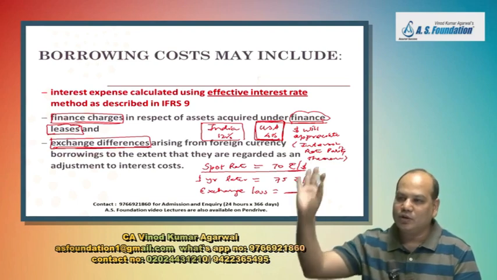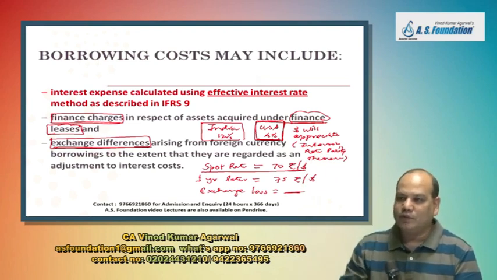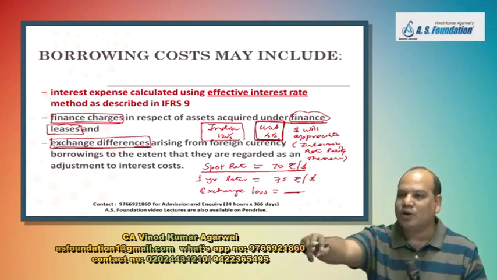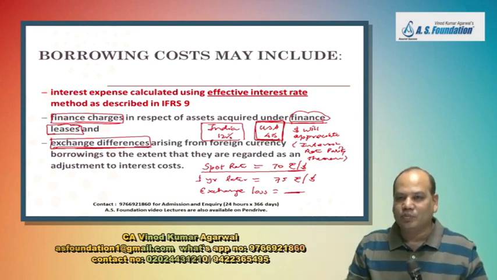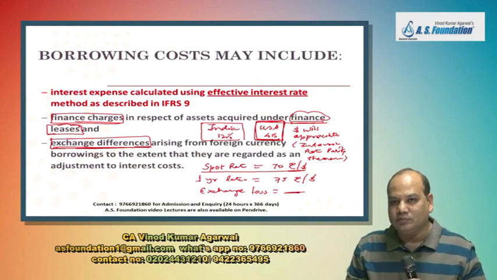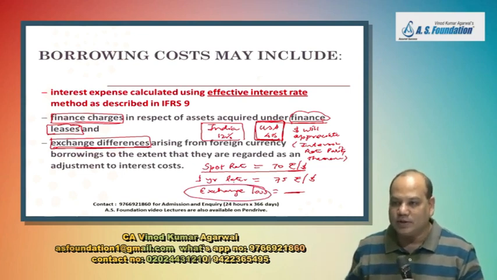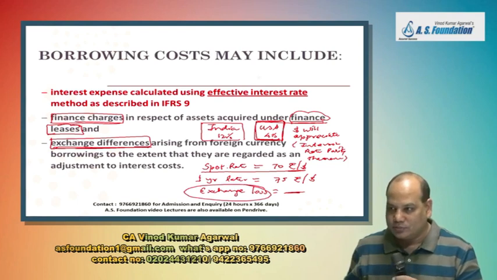More than that is your exchange loss, and that will get treatment under IAS 21. But up to the interest saved because of the low rate of interest, this portion of exchange loss will also be treated as borrowing cost.